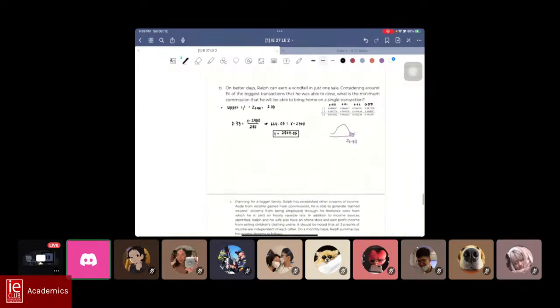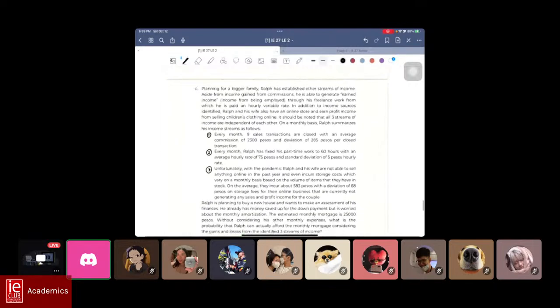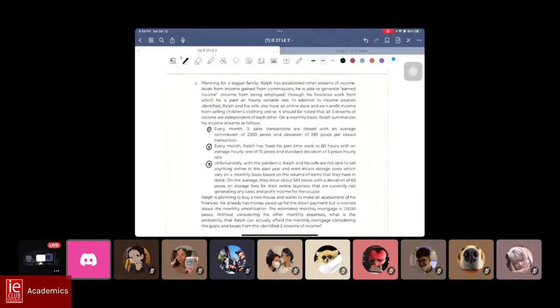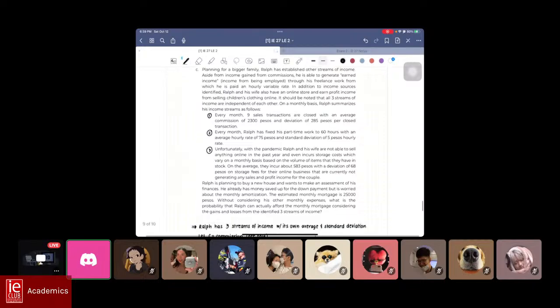And then for letter C, it says here na on a monthly basis, Ralph summarizes his income streams as follows. So the first is he closes 9 sales transactions every month with an average commission of 2,300 pesos and deviation of 285 pesos daw.